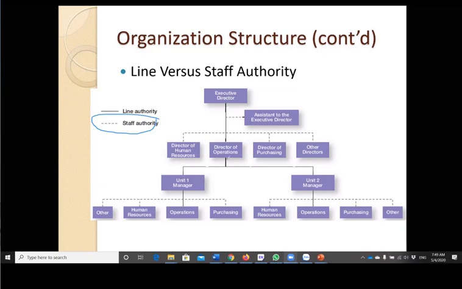You may see the chain of command like this, to make sure that you conform with the unity of command, only one line connecting people, right? But you will see that in reality, in order for the operation to run, you need information from human resources, from purchasing.